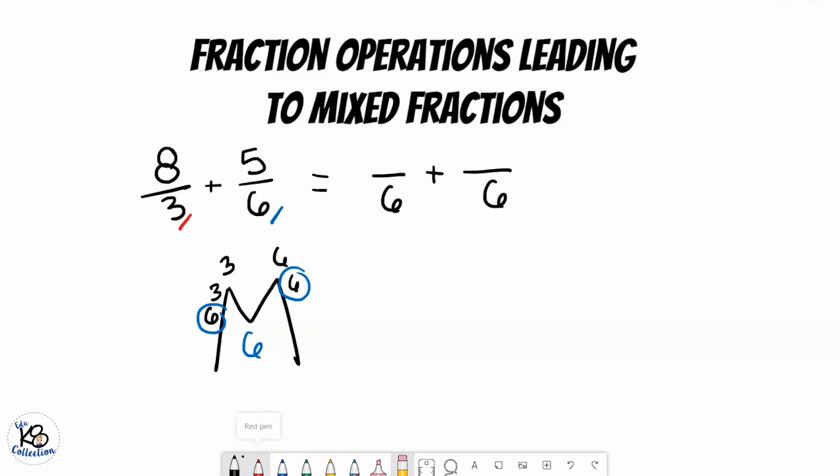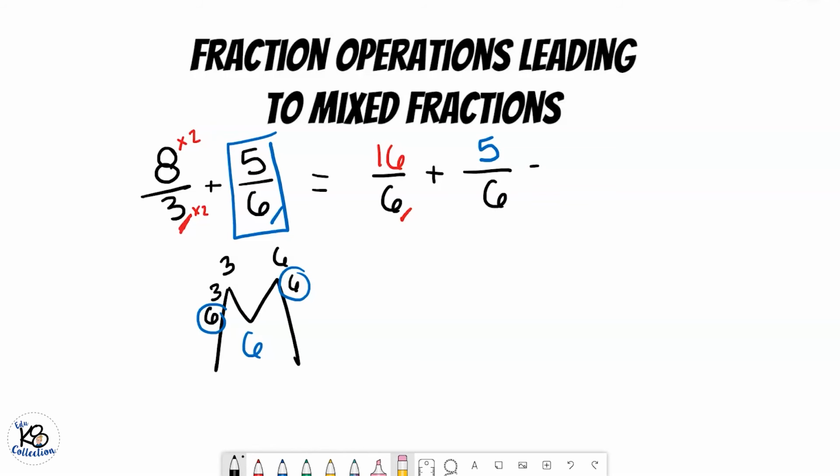So I have to ask myself, how can 3 become 6 using multiplication? Well, 3 times 2 is 6, so I must do the same to the numerator. 8 times 2 is 16.